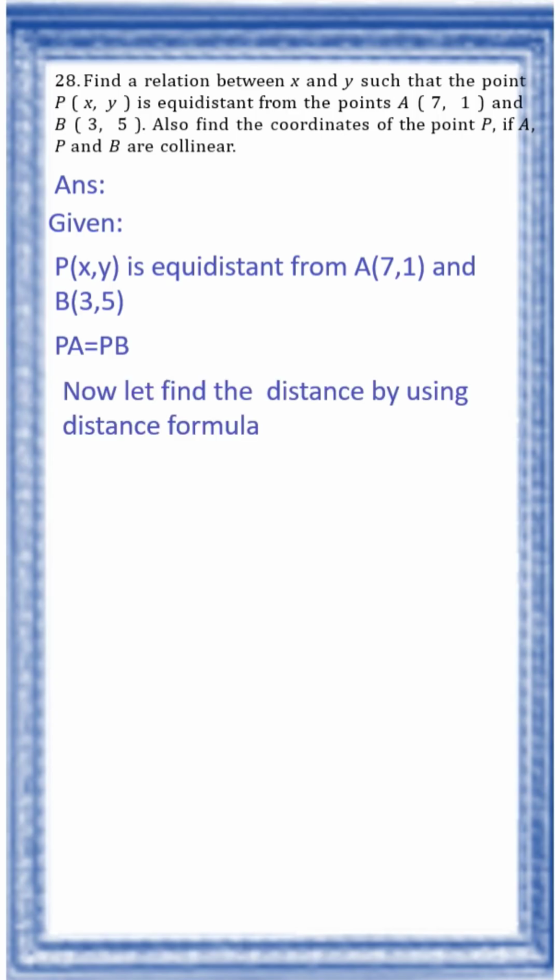Now we can calculate the distance between P and A and P and B by using the distance formula. We know the distance formula is the square root of (x2 minus x1) the whole square plus (y2 minus y1) the whole square.